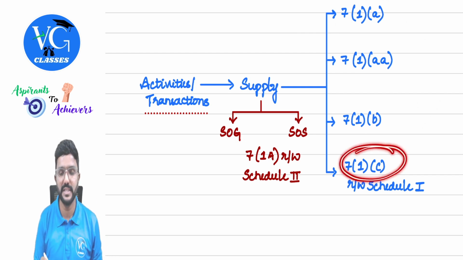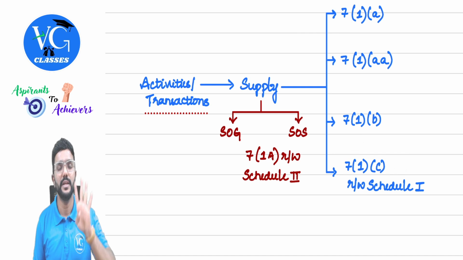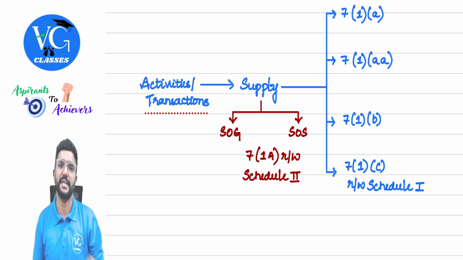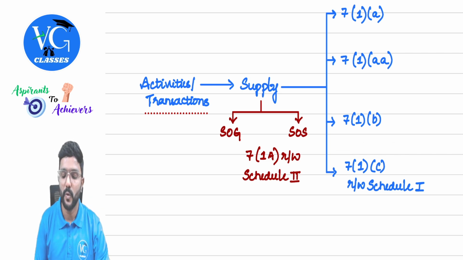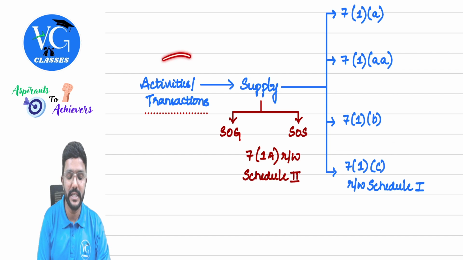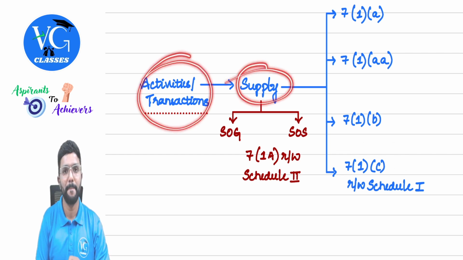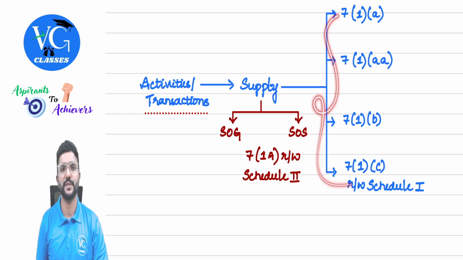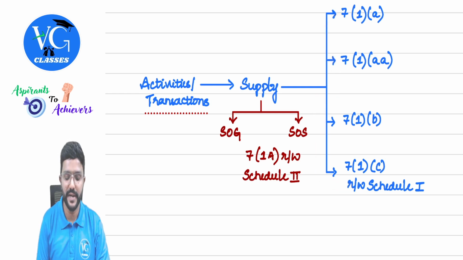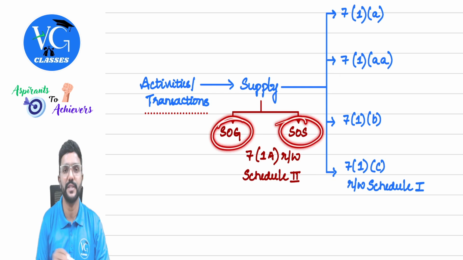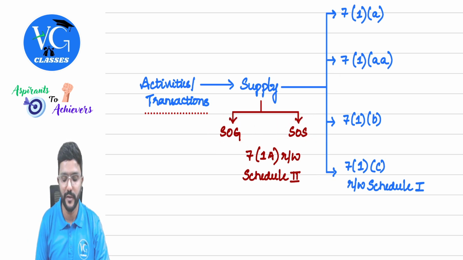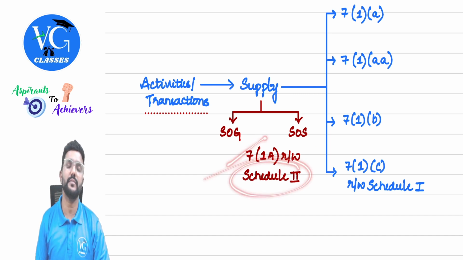Whereas section 7.1c, read with Schedule 1, tells us there are four activities which are deemed to be supply even without consideration. Okay. So when we decide whether an activity or transaction is a supply as per any of these sections, then we need to check whether it is a supply of goods or a supply of services, for which we need to refer to section 7.1A, read with Schedule 2.